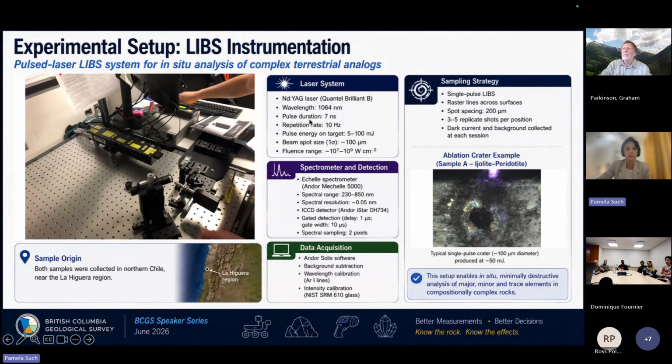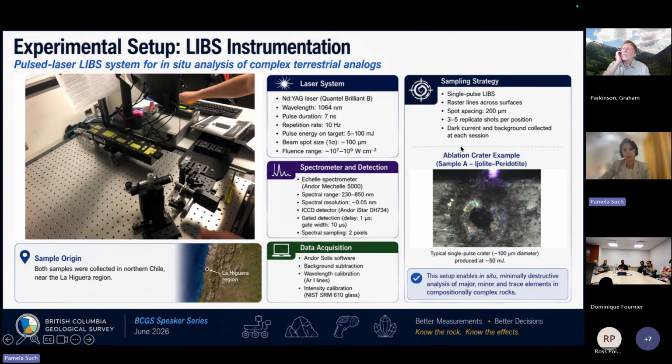The pulse duration of the laser was 7 nanoseconds, and we used a 10 hertz repetition rate with a pulse energy between 5 and 100 millijoules. That's not correct, it should be percentage. And a beam spot size of approximately 100 microns.